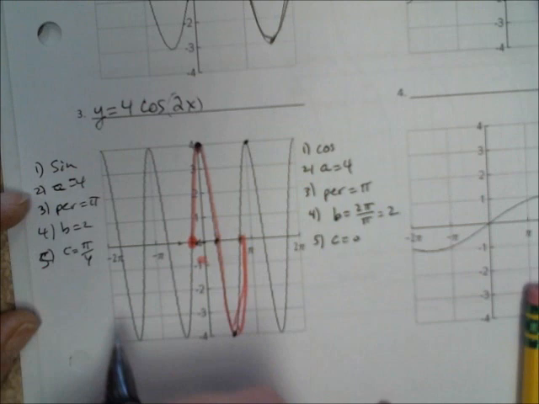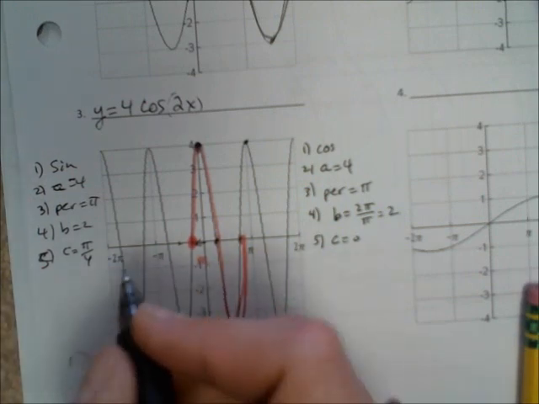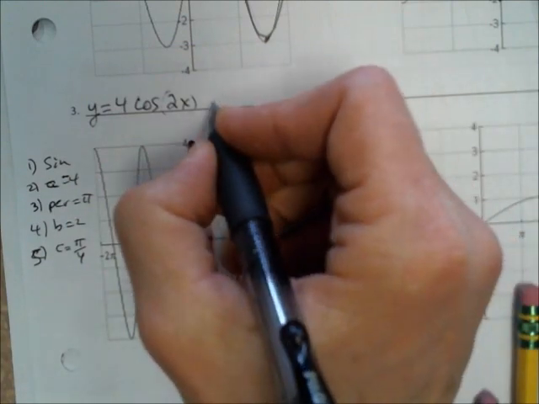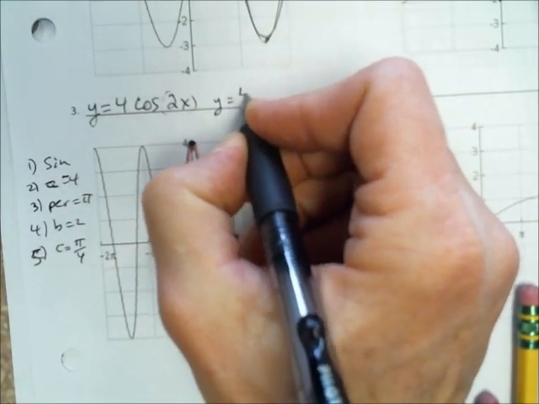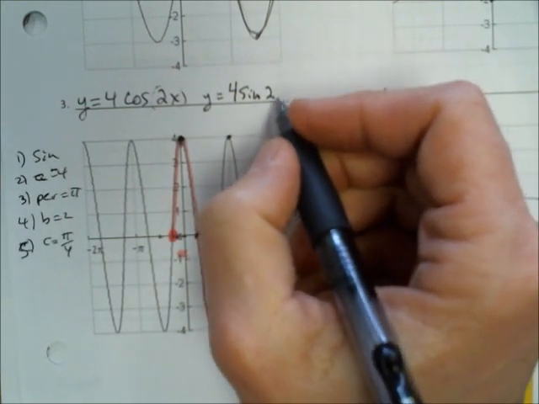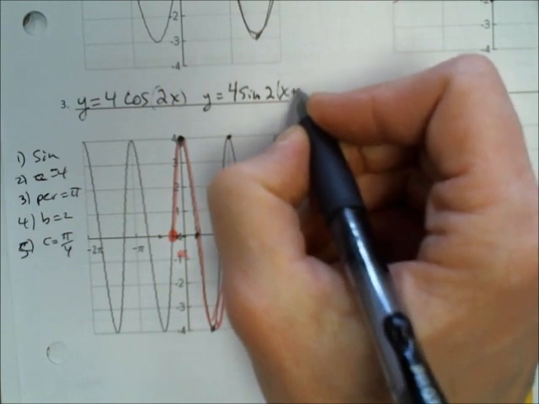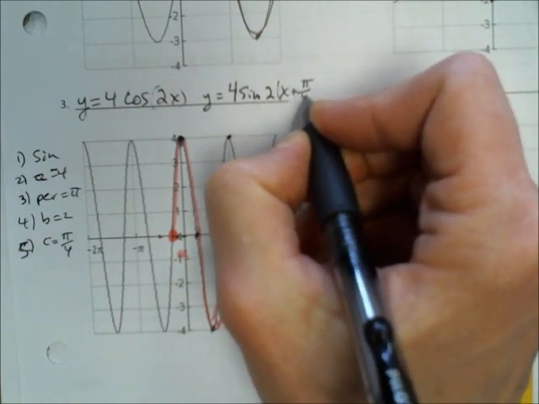And I'm putting that as a positive number because it's a left shift. So if we wanted to write this as a sine curve, y would be equal to 4 times the sine of 2 times x plus, because it's a left shift, pi over 4.